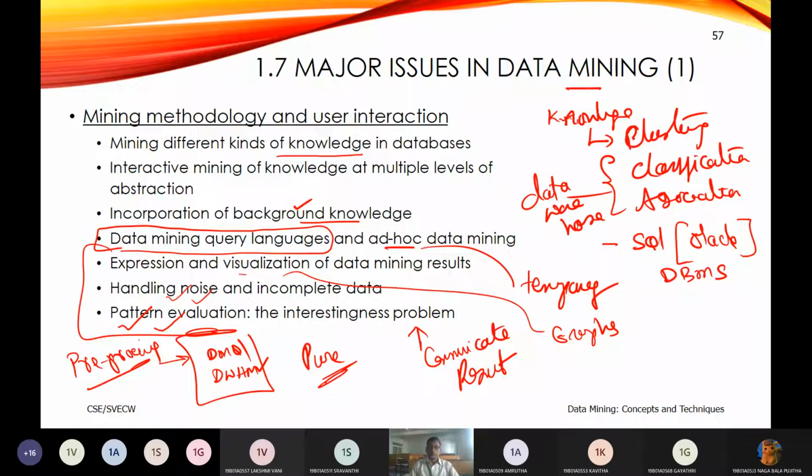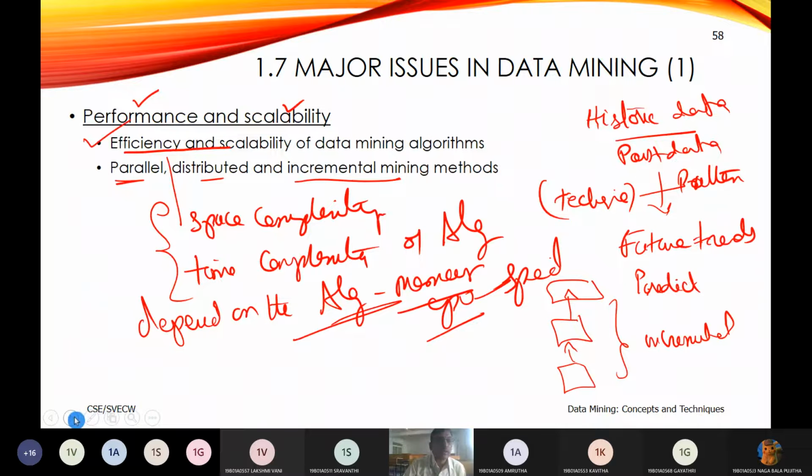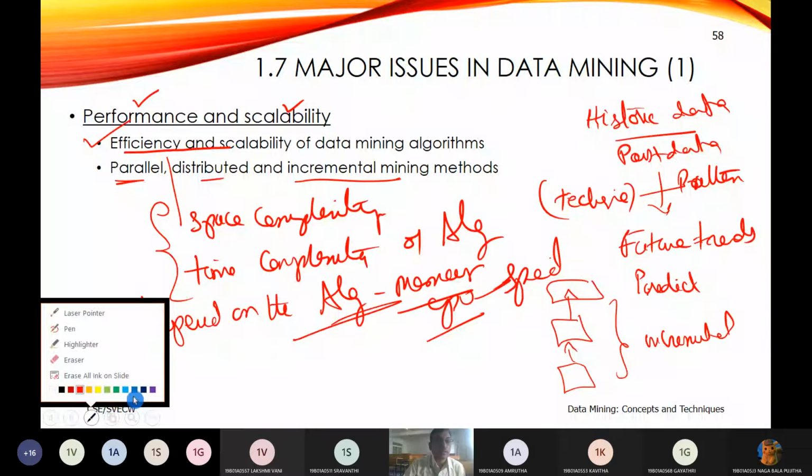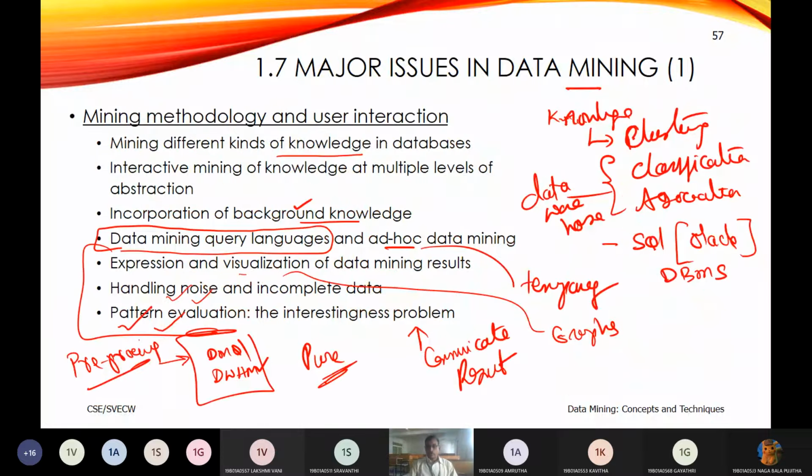We started with the major issues towards the knowledge, where we look at the knowledge from different dimensions: towards clustering, towards classification, towards association. Then in a general database, we will use our relational database management system, Oracle or SQL.